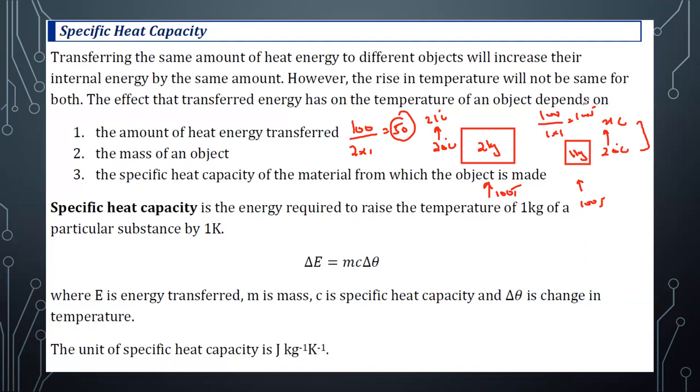So if the two objects have the same change in temperature and absorb the same amount of energy, the one which is lighter will have a higher specific heat capacity. So specific heat capacity is the amount of energy required to raise the temperature of 1 kilogram by 1 degree centigrade, or by 1 Kelvin.